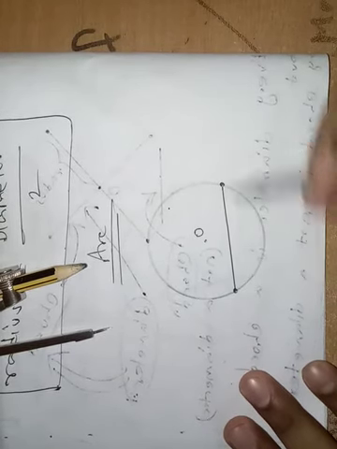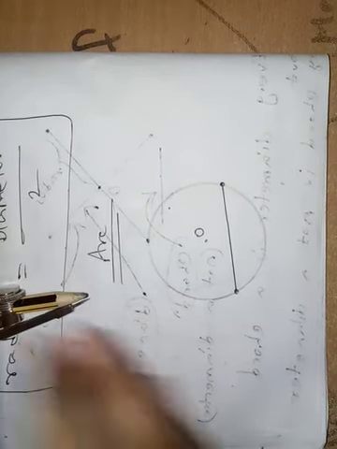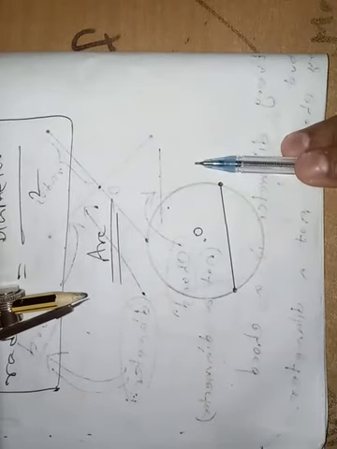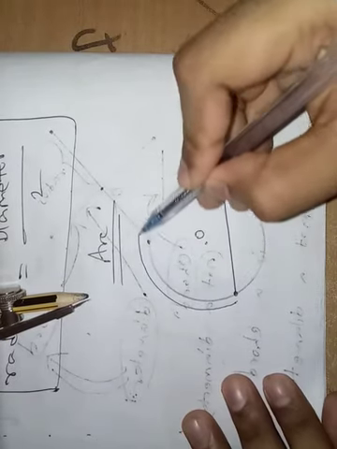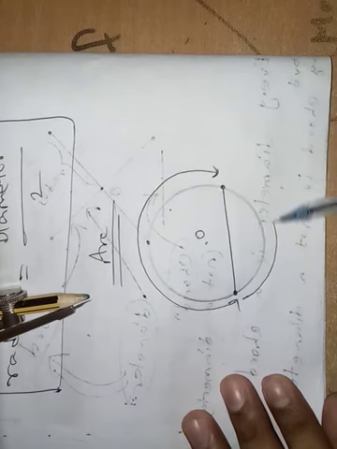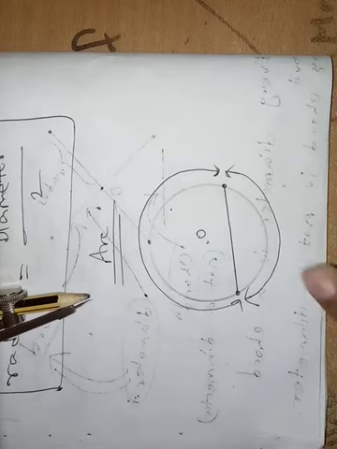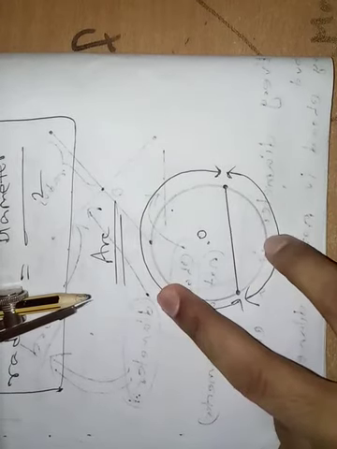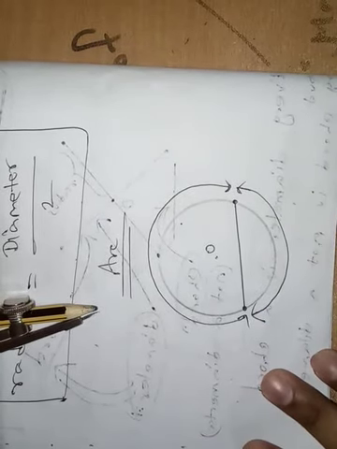This is our peripheral points of the chord, and this chord has divided the circle in two portions. One is this, and another is this.